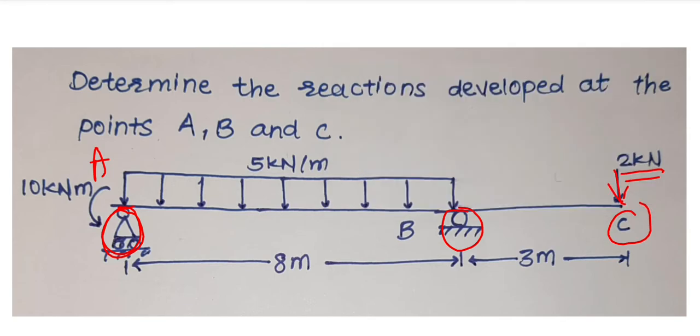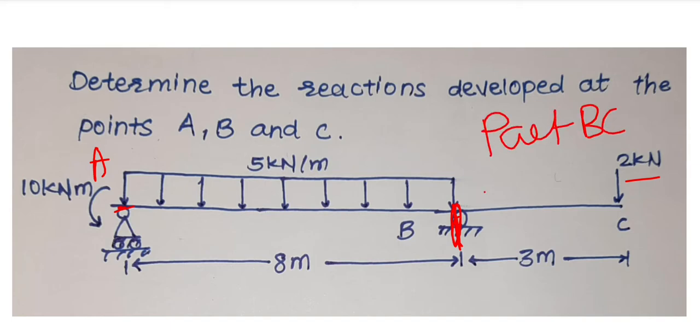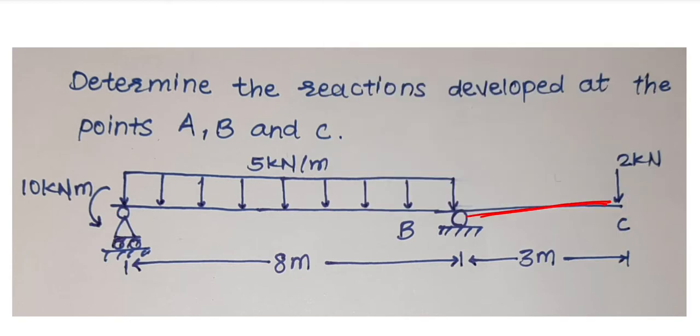So what do we come to know from this? As the last support is at point B, the part BC is an overhanging part, because at point C there is no support. Hence this total part is an overhanging part.